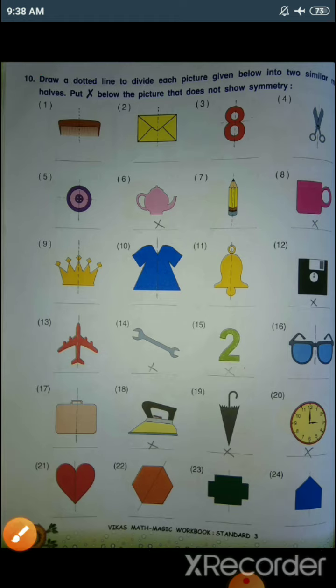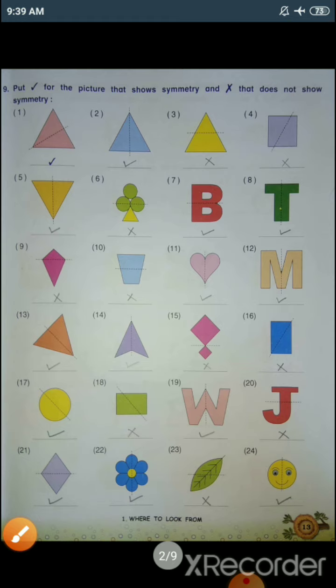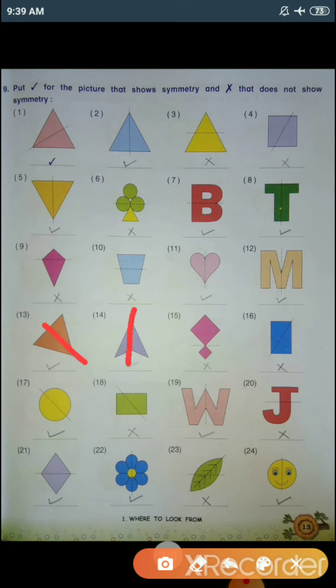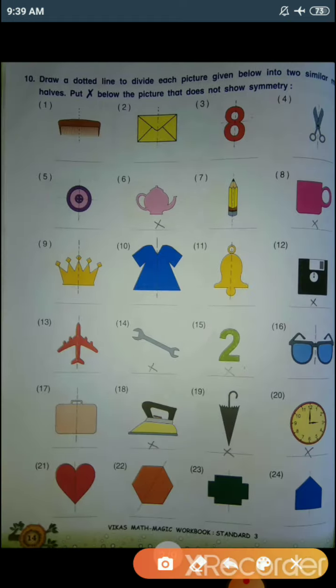Now, in question 9, the line is already given and we just need to conclude whether it is a shape of symmetry or not. But in question number 10, we ourselves need to draw a line so that we can conclude whether the shape is symmetry or not. So let's begin with number 1.